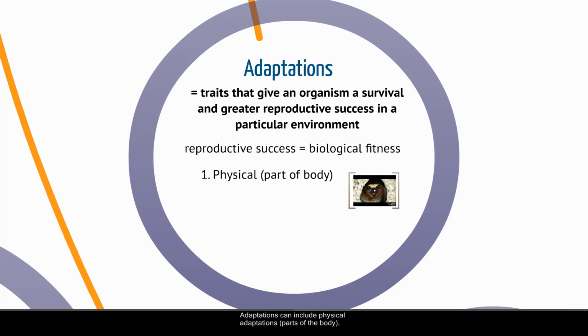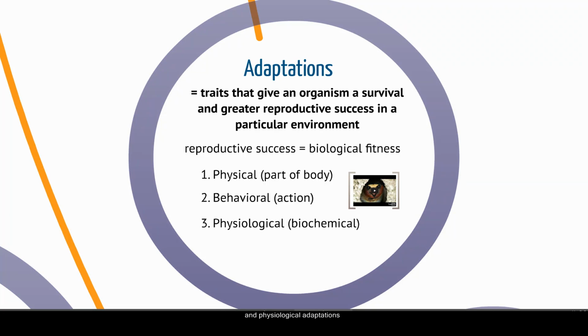Adaptations can include physical adaptations, so parts of the body, behavioral adaptations, those would be actions that an individual takes, and physiological adaptations, and this would be some kind of chemical reaction inside the body. Producing a toxin or being able to break down a toxin would be examples of physiological adaptations.